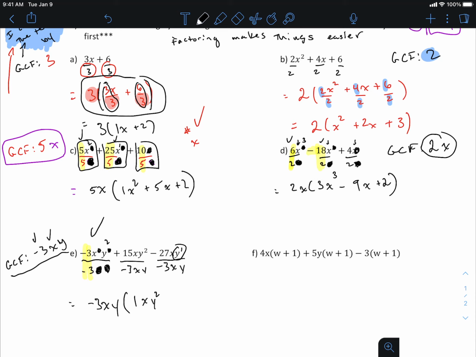Next one. 15 divided by -3 is going to be -5. The x in the bottom cancels with the x in the top, so there's nothing there now. The y in the bottom cancels with one of the y's in the top, so we're left with just a y. That takes care of that term.